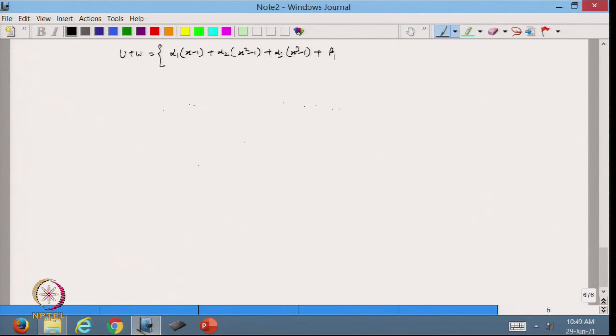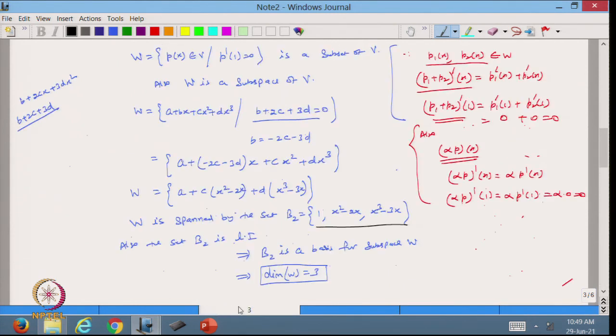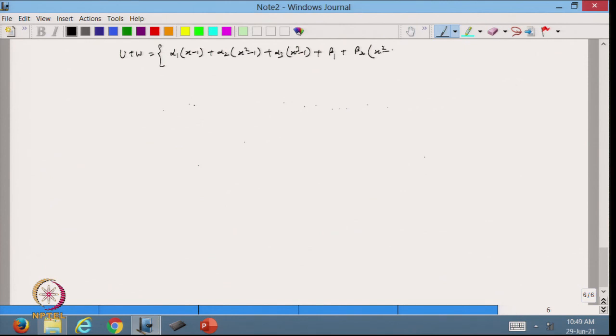So I can write beta 1 into 1 plus beta 2 into x square minus 2x plus beta 3 into x cube minus 3x. This is the polynomial we are going to have, such that alpha 1, alpha 2, alpha 3, beta 1, beta 2 and beta 3 belong to the real numbers.